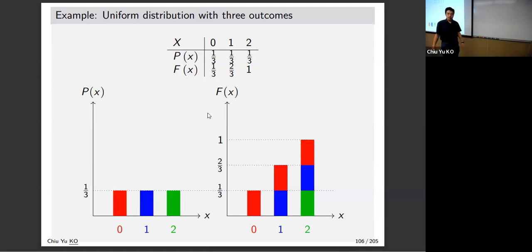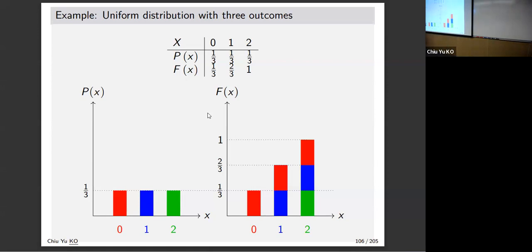You can easily see that if I increase the number of outcomes, it's still a flat one, and F is increasing along a line with a slope.